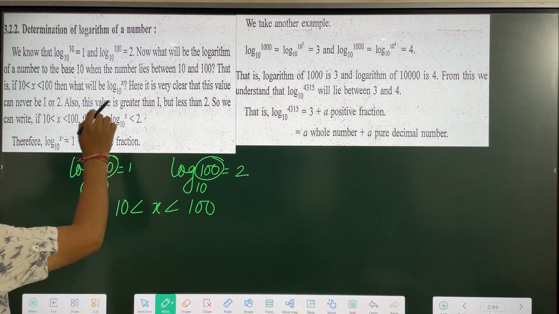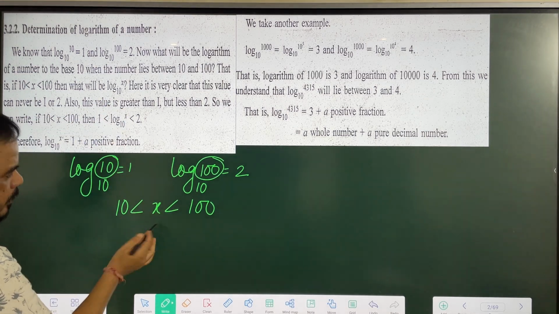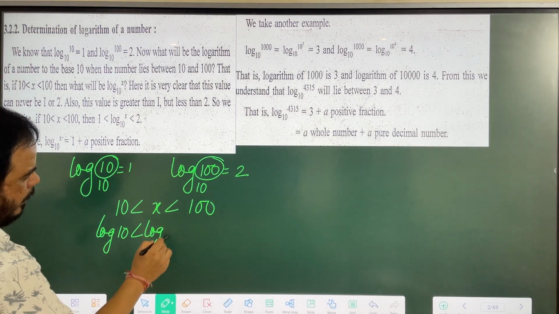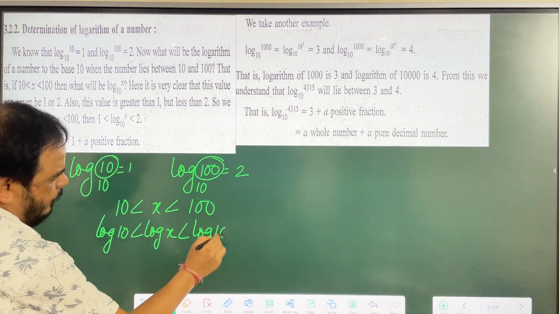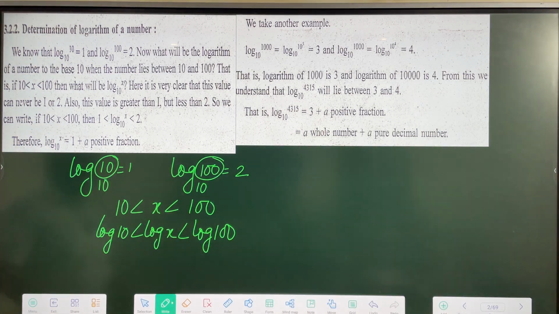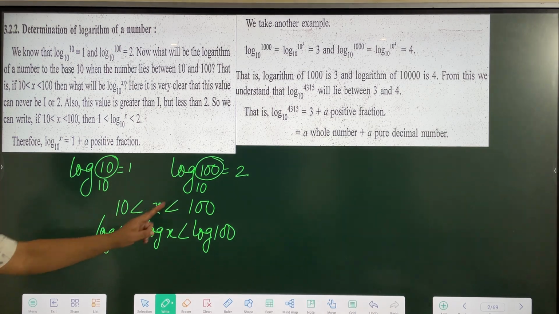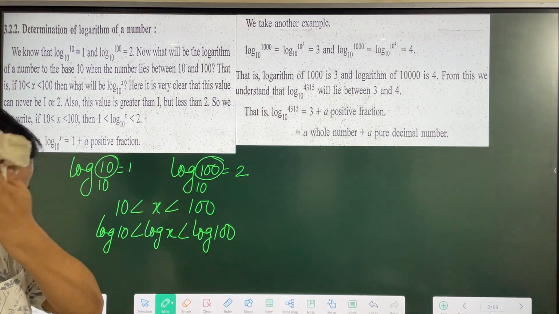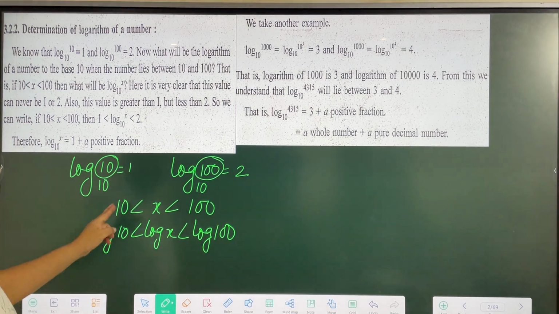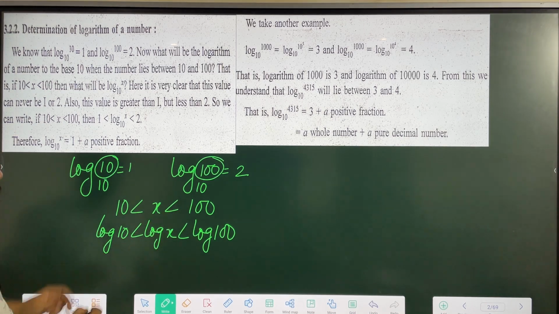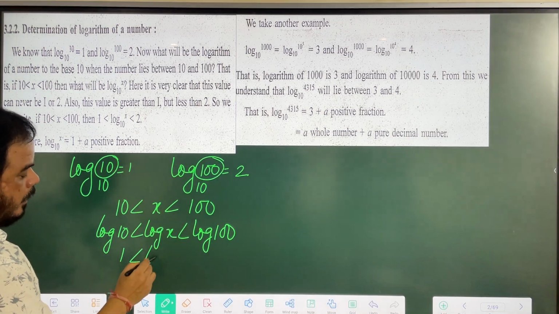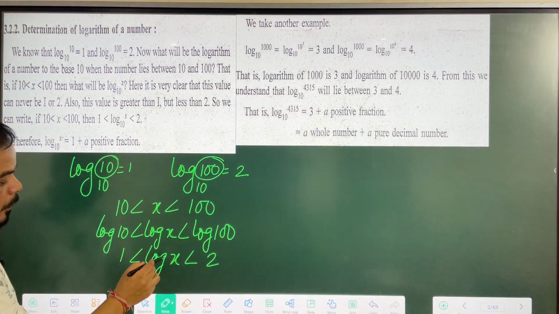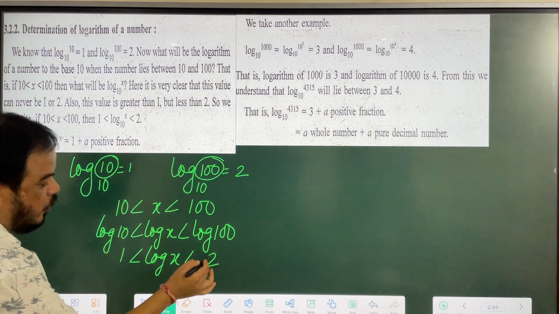Let us take log on all sides: log 10, log x, log 100. Log 10 is 1, log 100 is 2. So log x will be greater than 1 and smaller than 2.